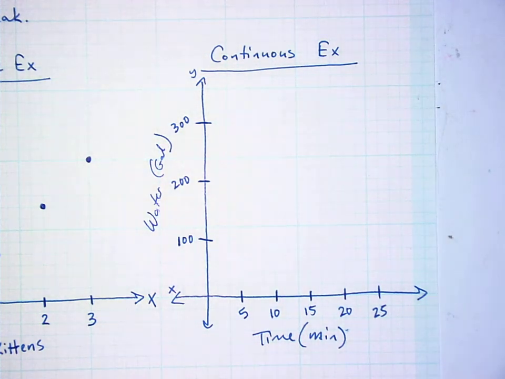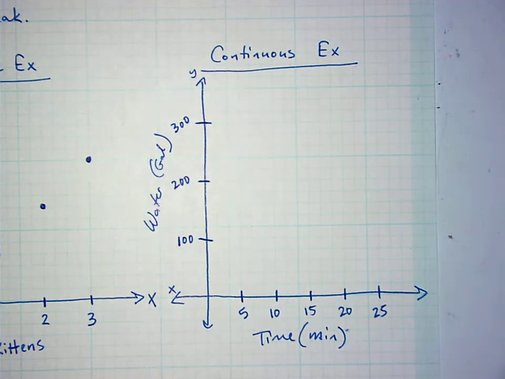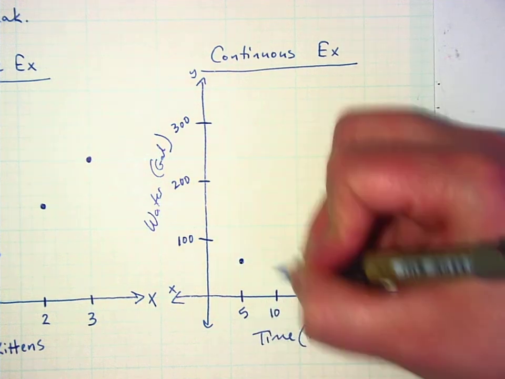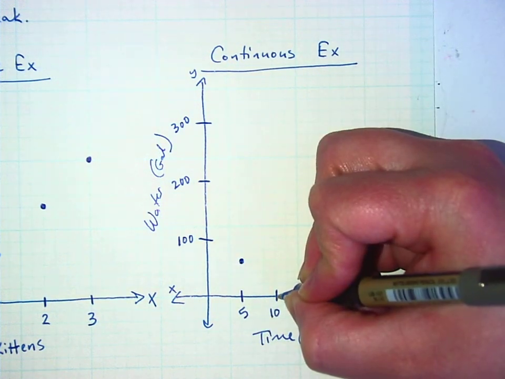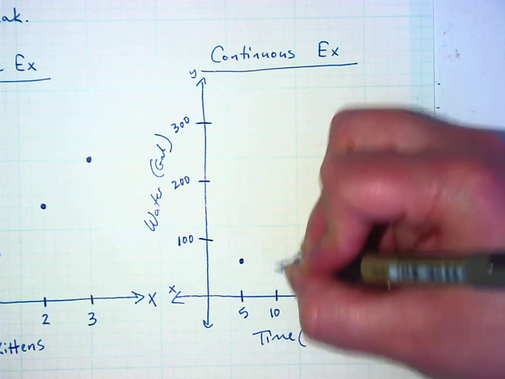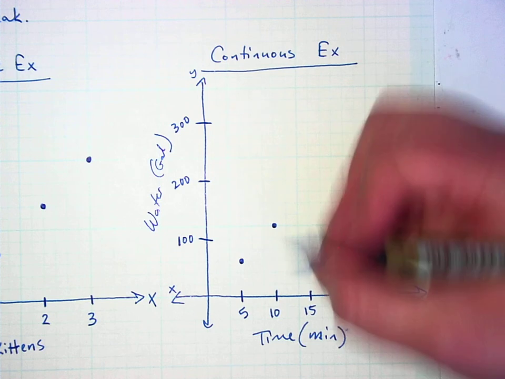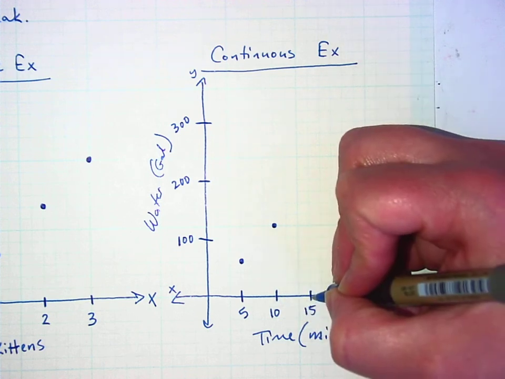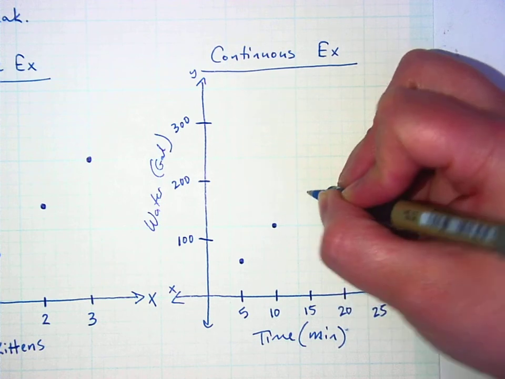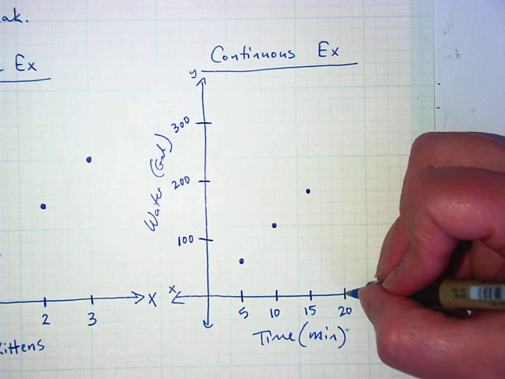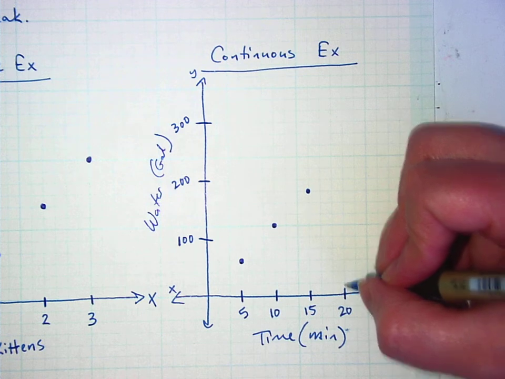All right, so what did I say? I said that after 5 minutes there was 60 gallons in there, right? So 5 minutes is 60 gallons. How much is in there after 10 minutes? 120. 3 times 60 is 180, so that's at 15 minutes. 4 times 60? 240.